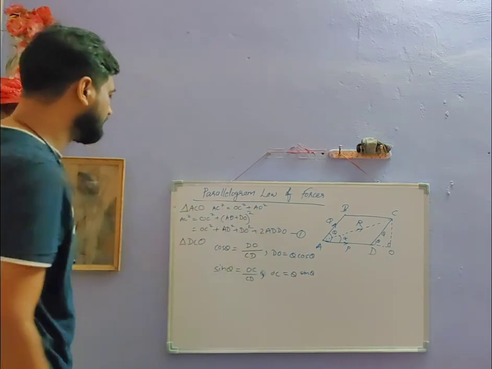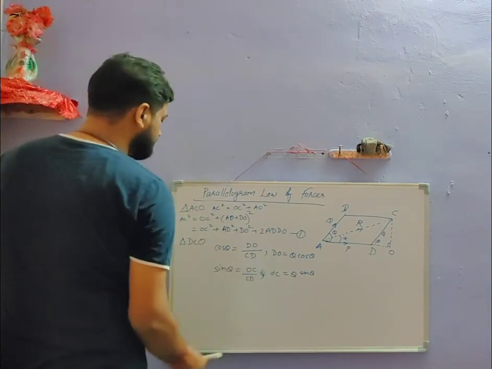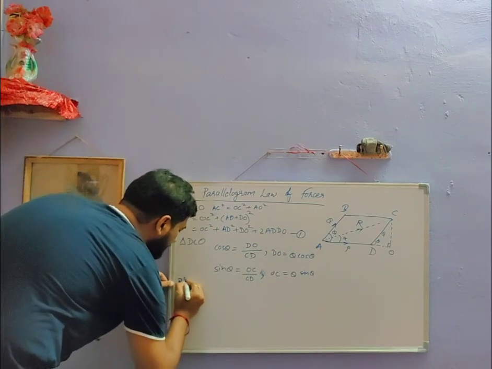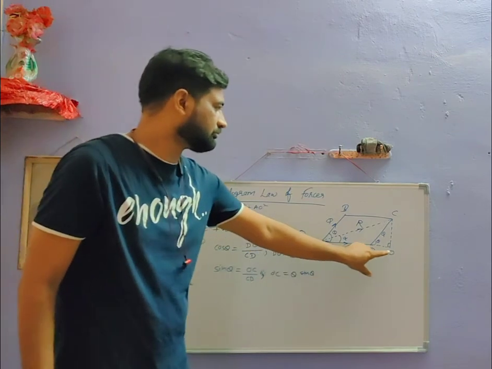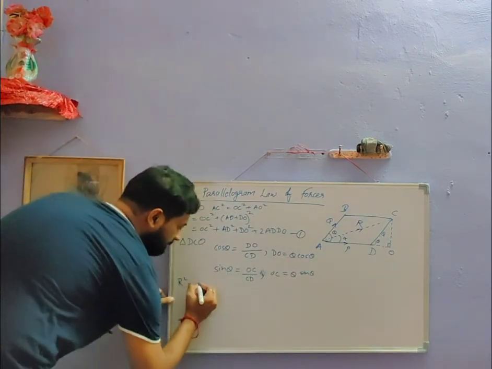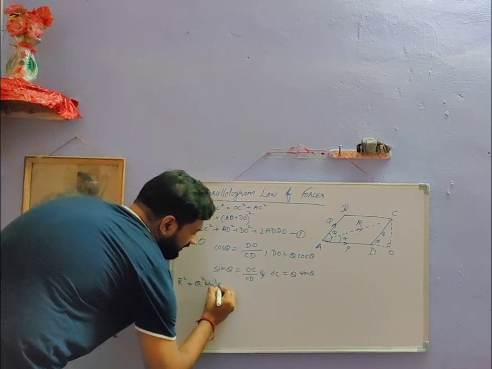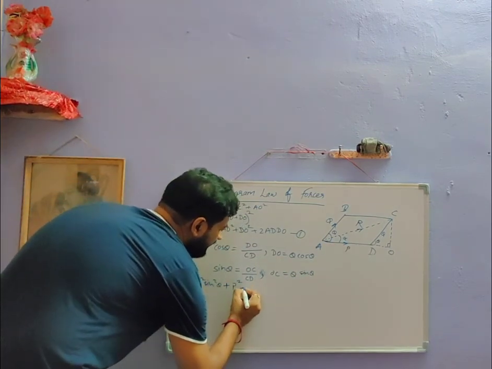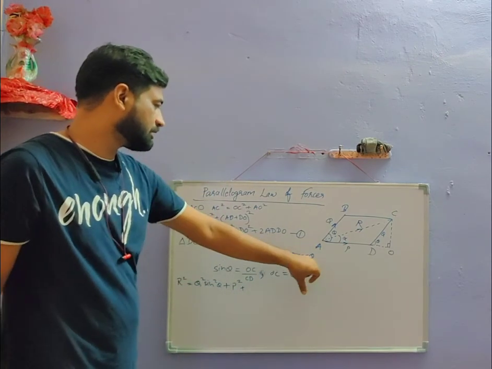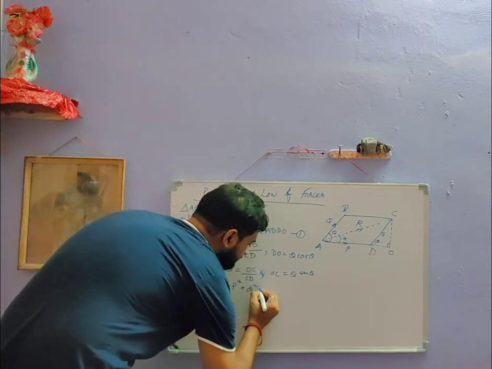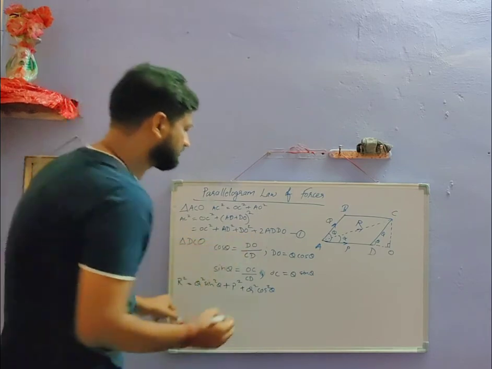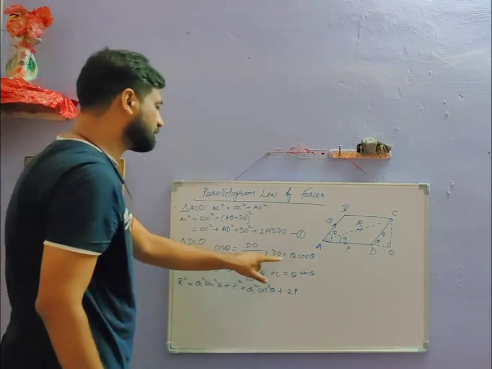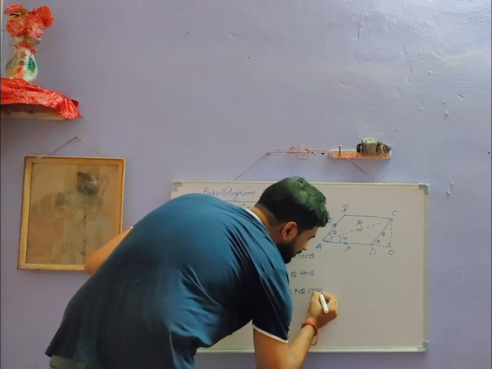So from equation 1, after putting the values of DO and OC, you can write AC is represented by capital R. R square is equal to OC square, that is Q square sin square theta, plus AD square, AD is represented by P, so P square, plus DO square, that is Q square cos square theta, plus 2 AD DO, that is 2PQ cos theta.